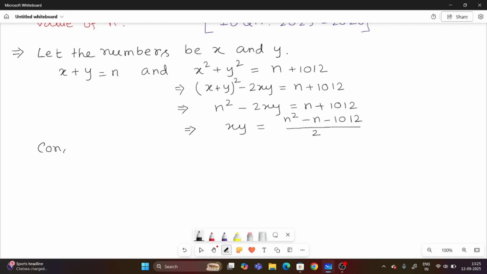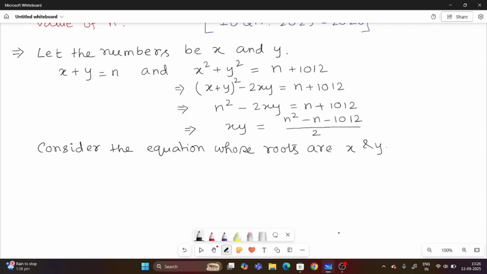Consider the equation whose roots are x and y. The equation must be a quadratic equation because there are two roots x and y.